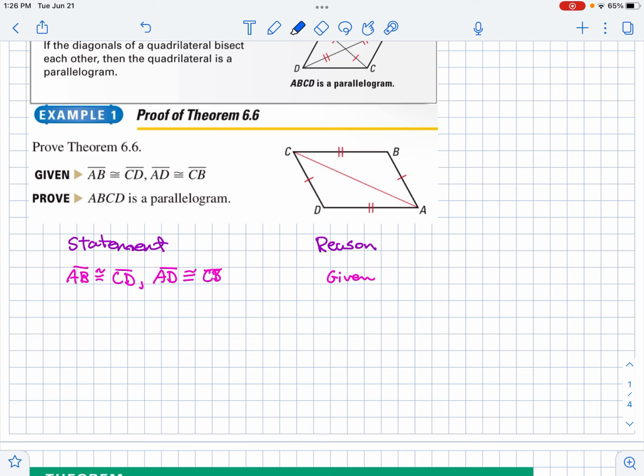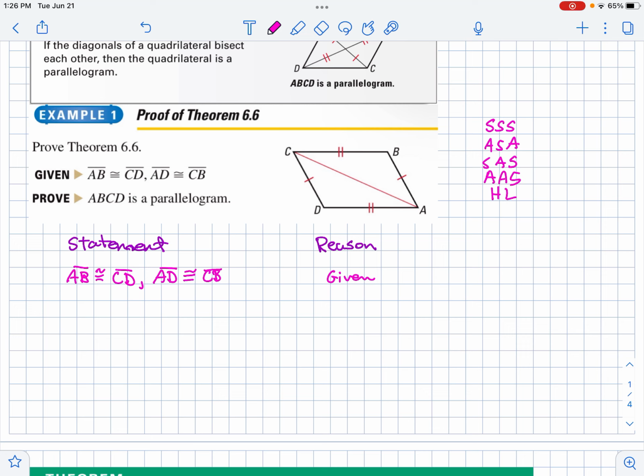Now remember the ways that we have to find that two triangles are congruent. We have side, side, side. We have angle, side, angle. Side, angle, side. We have angle, angle, side. And we have hypotenuse, leg. These are the methods that we've used.